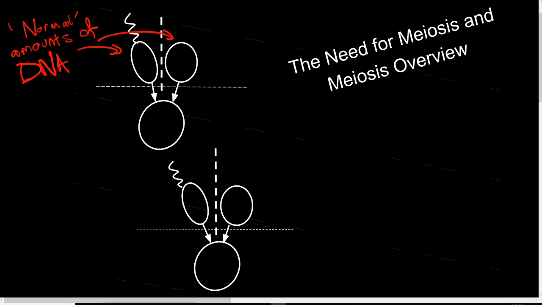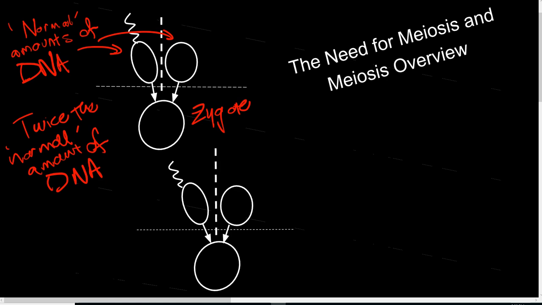What would quickly happen is you would end up with a fertilized egg, a zygote, in the next generation that would have twice the normal amount of DNA right here.